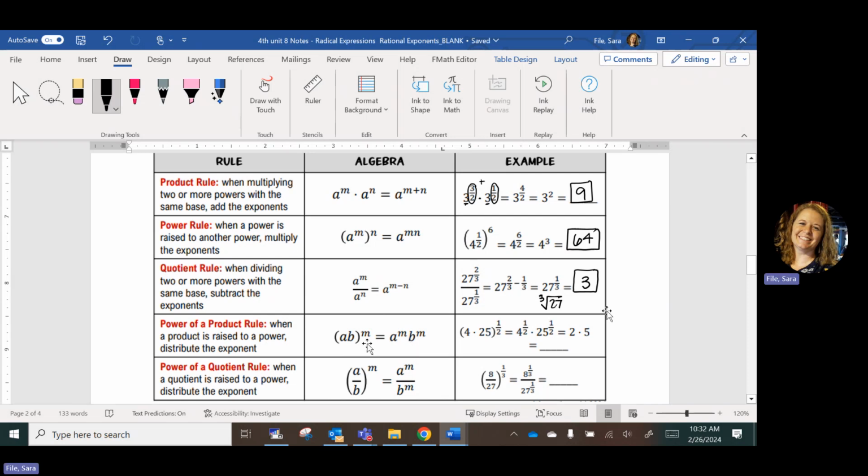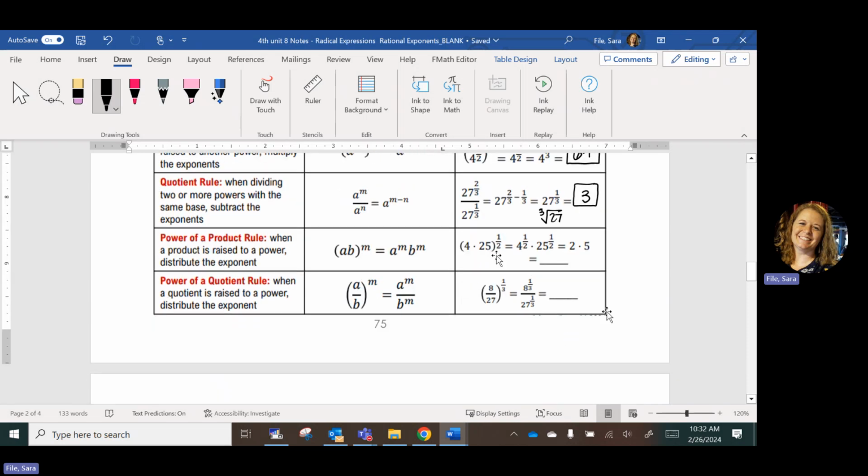You should get the same answer whether you multiply A and B first and then raise it to the power, or you individually raise them to the power and then multiply. So let's look at this example here. If I have 4 times 25 to the 1/2 power, this rule says I can individually raise 4 to the 1/2 and 25 to the 1/2. What is 1/2 power the same as?